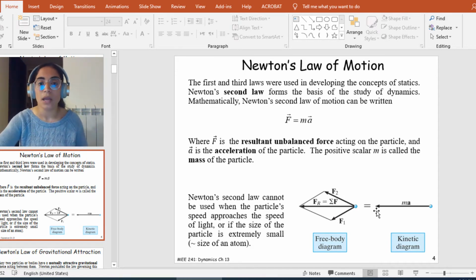And since m is a scalar quantity, then a in vector form will be in the same direction and collinear to F resultant, all right? So F resultant here is horizontal to the left, then a is a vector that is horizontal also to the left.